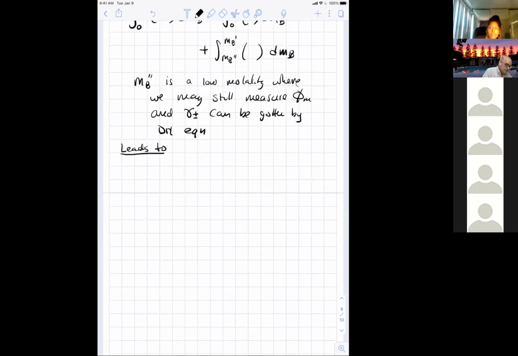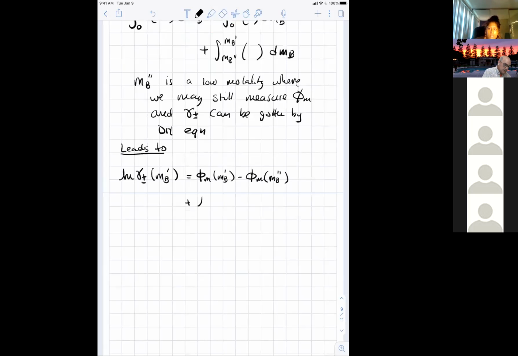So what this leads to is that you get this expression. You get the mean ionic activity coefficient at the molality that we want, but you just get a little bit longer expression. This is the part that was the same, but now you have the value of the osmotic coefficient at this lower molality.